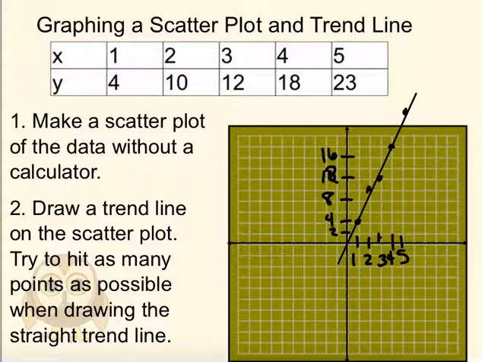Now, when I find the equation for this trend line, I want to make sure to use points that are exactly on the line, not scatter plot points necessarily, but points that are actually on the line. So, for example, I would use a point right here at 3, 20. That's a pretty good one. 3, 20. Here, let me get my pen again.